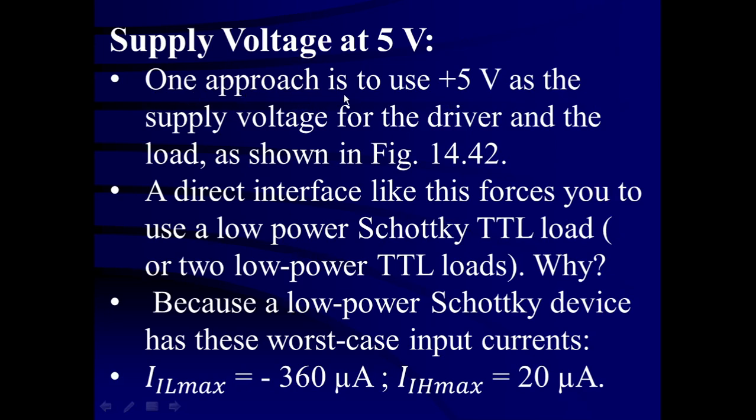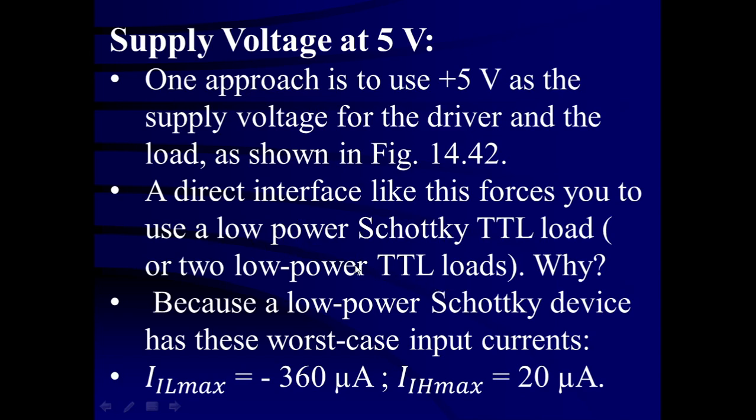So one approach is to use plus 5 volt as the supply voltage for the CMOS driver as well as for the TTL load, as shown in figure 14.42. A direct interface like this forces you to use a low power Schottky TTL load or two low power TTL loads. Why? What are the reasons?